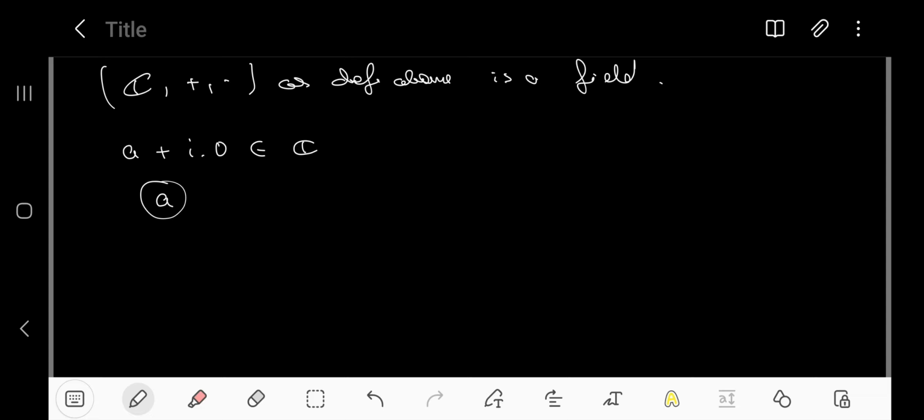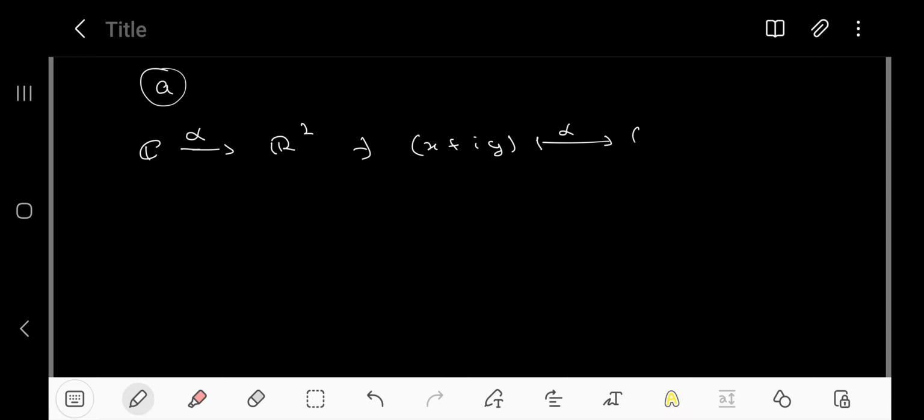Now our goal is to identify C as an isomorphic copy of R2. Now how do we do that? So what we actually do is that we have a mapping from C to R2, let's say alpha, such that every element of the form x plus iy is mapped through alpha to the coordinate (x, y), and we are done. This is just it.